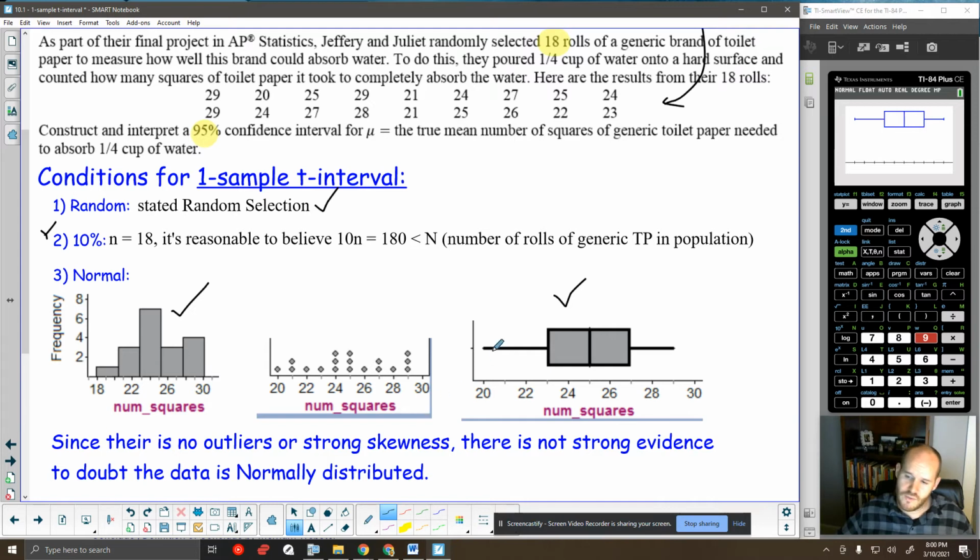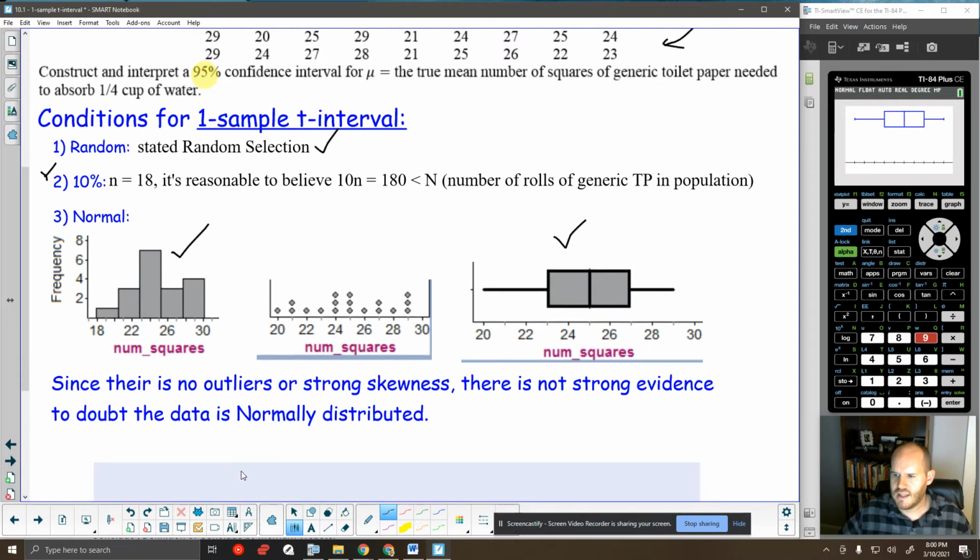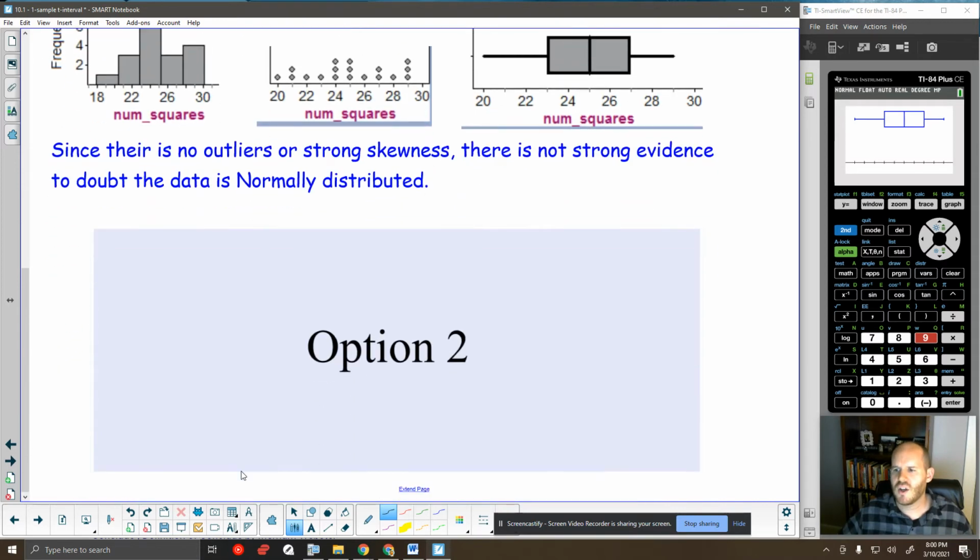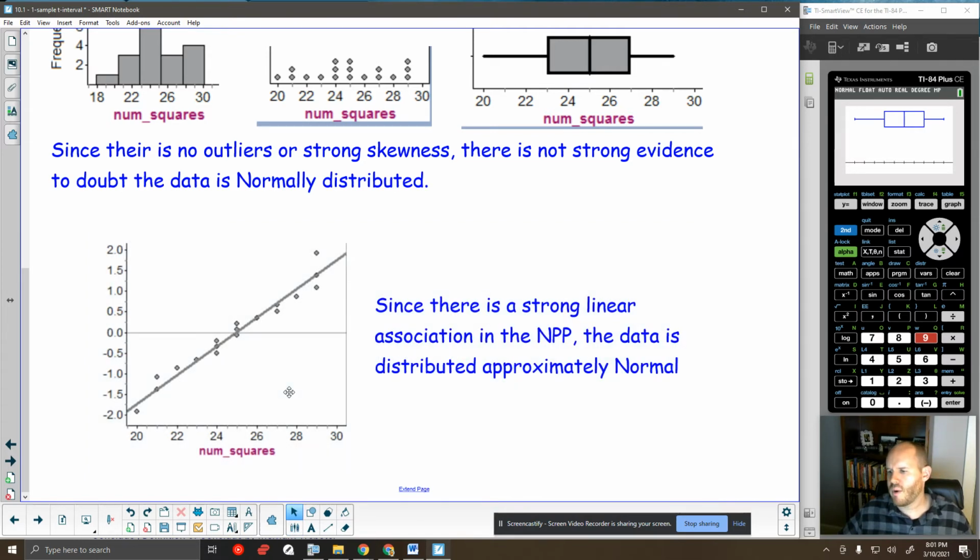You could also, if you want a non-ambiguous way to check the shape of the distribution, use another graph that we did earlier in the year called the normal probability plot. If you construct a normal probability plot for these data and find a strong linear association in that plot, that's evidence that the data is distributed fairly normally.